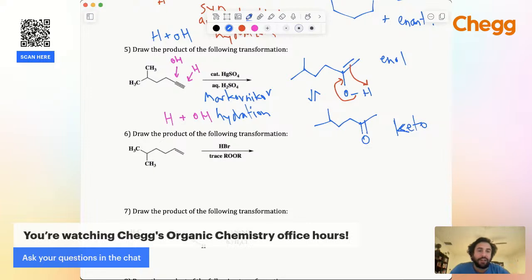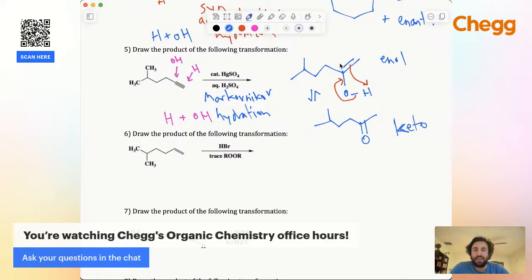Daniel asks, would EZ or cis-trans be applicable here? In this case, it actually would not, because on the pi bond here, one side has two identical hydrogens, so there's no E or Z to talk about. Chuku asks, this is the keto-enol tautomerization.